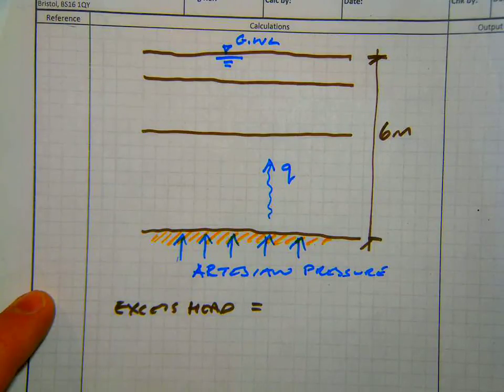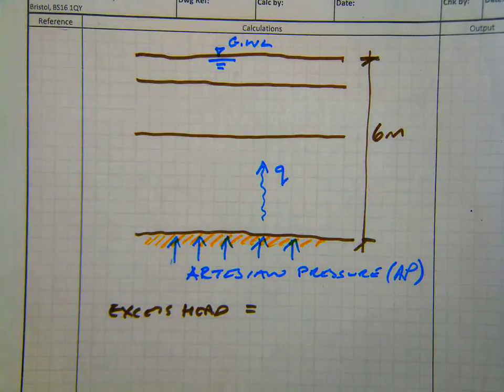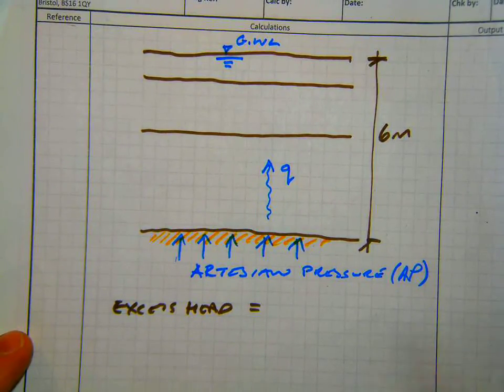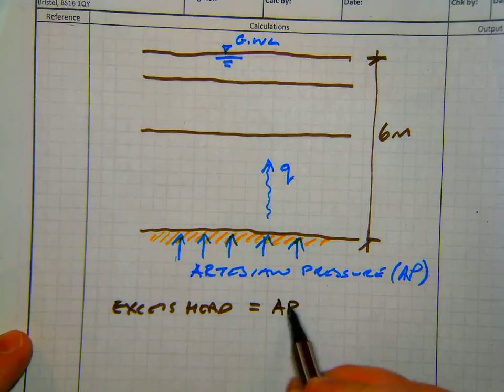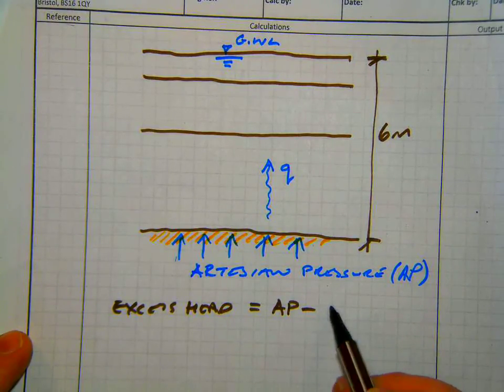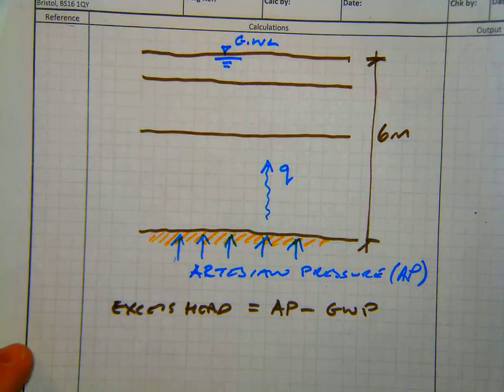There'll be an excess head across that 6 meters of soil, and that excess head would be equal to whatever the artesian pressure is. I think we should probably just call it AP, because it's a long word to write. It's our artesian pressure less the groundwater pressure, and that results in this flow.